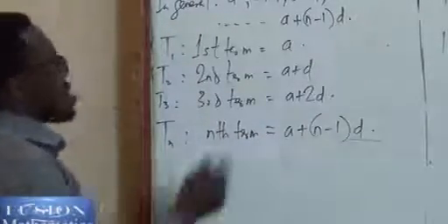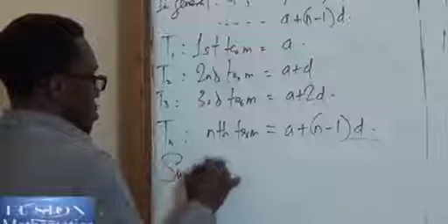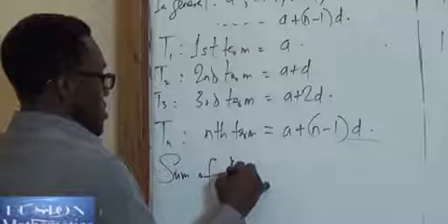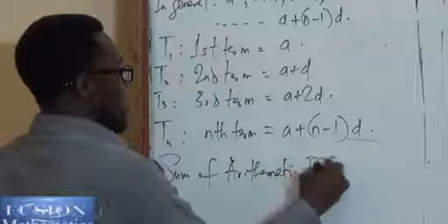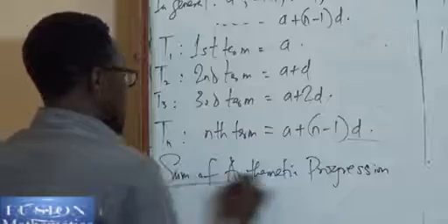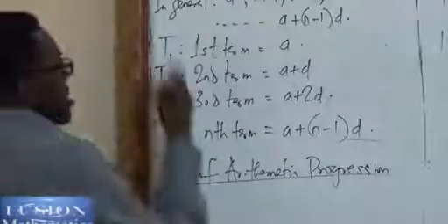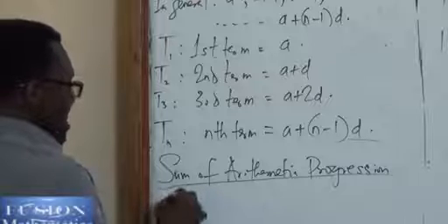Now, let's look at the sum of the arithmetic progression, which we have established as a series. We can call it arithmetic series. For the sum, we are adding each of the terms.